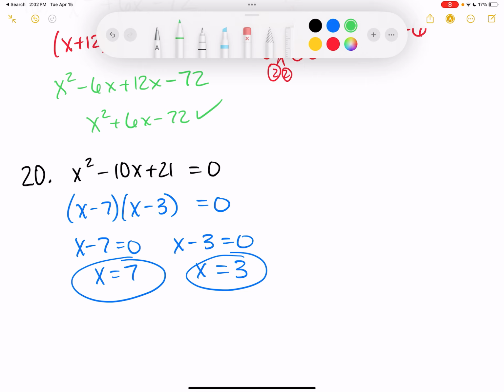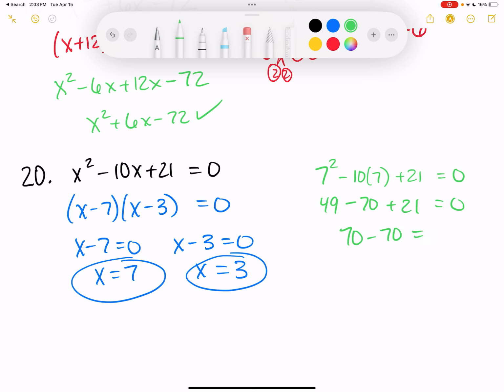So, I can check it by saying, okay, 7 squared minus 10 times 7 plus 21 equals 0. 7 squared is 49 minus 70, plus 21. I thought you said 49 minus 70. Get it right, John. It's 70 minus 70 is 0, so that's good.